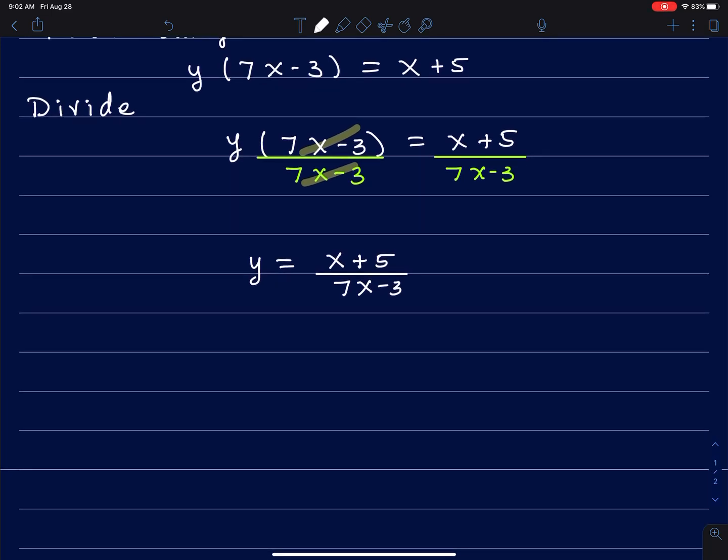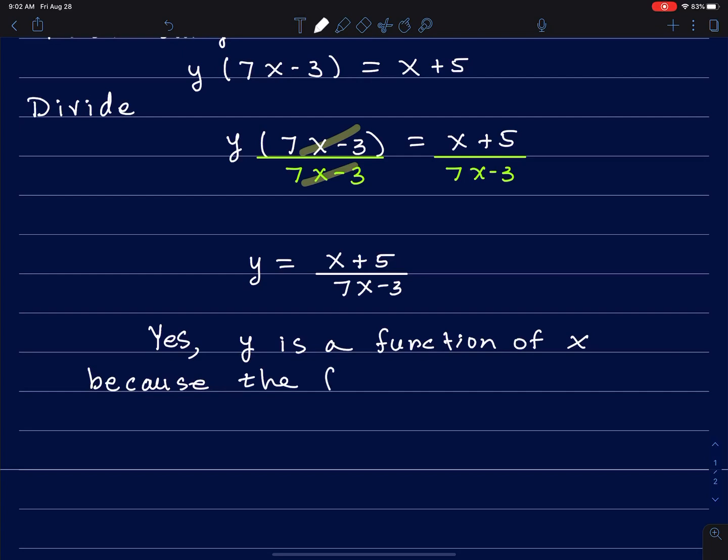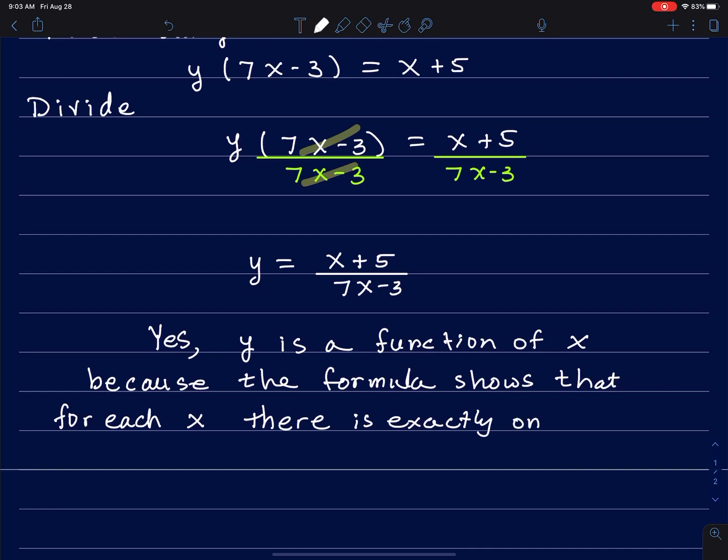So, yes, y is a function of x because the formula shows that for each x in the domain, there is exactly one y.